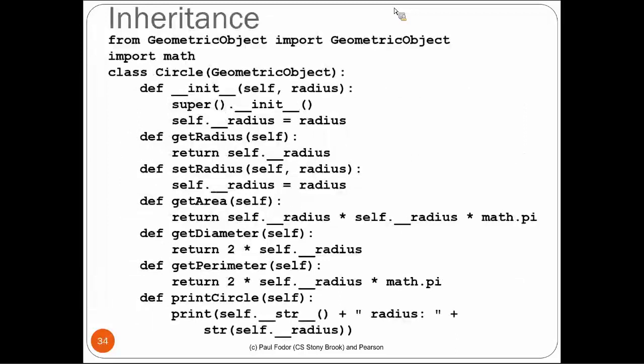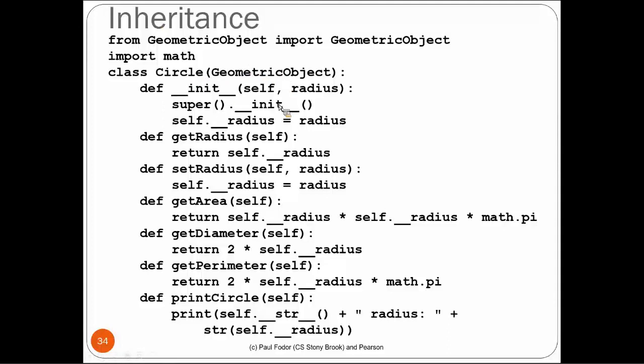Okay. How do we implement inheritance? Let's assume that we have, in a different file, some kind of superclass geometric object. If we want to define that circle is a subclass of that geometric object, we can just define a class circle and then within parentheses the superclass, like geometric object.